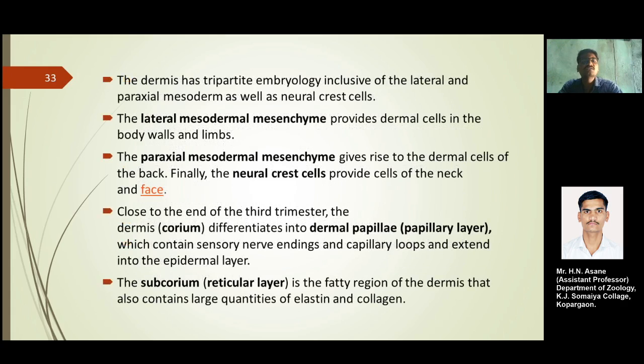The dermis has a triple embryological origin, inclusive of the lateral and the proximal mesodermal mesenchyme as well as the neural crest. The lateral mesodermal mesenchyme provides the dermal cells in the body wall and the limbs.